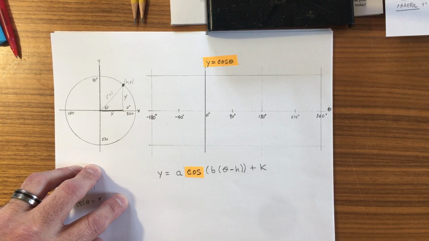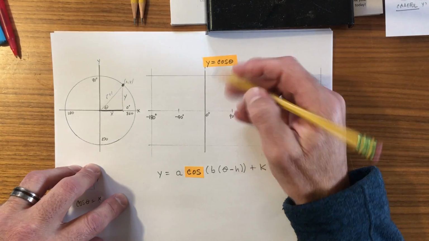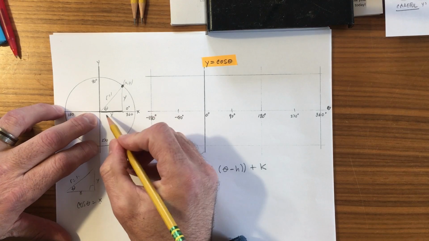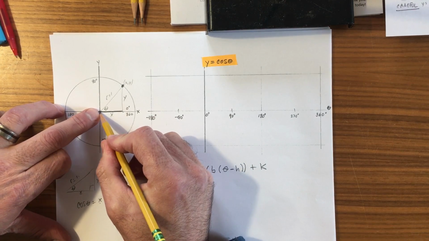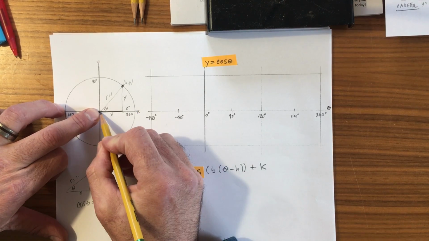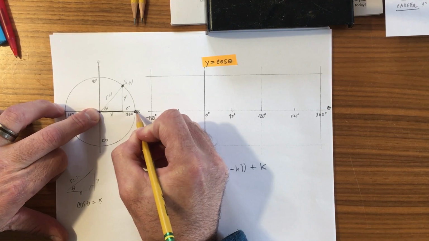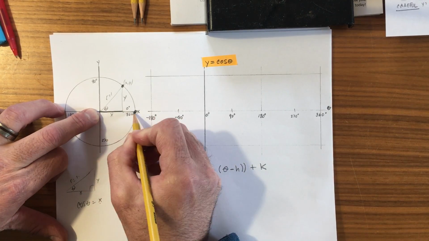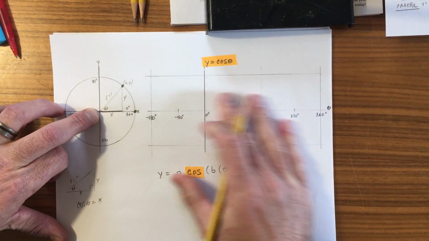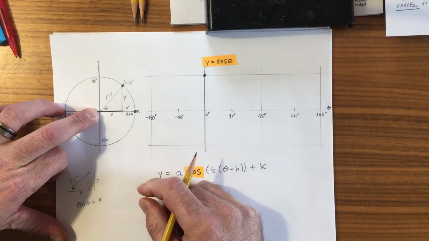Now, here's how the cosine works. On this y-axis, we're going to graph the cosine. And over here, the cosine is the distance from the center in the x direction over to the circle. So when we are at 0 degrees, we're at this point on the circle, and that x distance is the radius, which is 1. And so on this graph, when we're at 0 degrees, we're at 1.